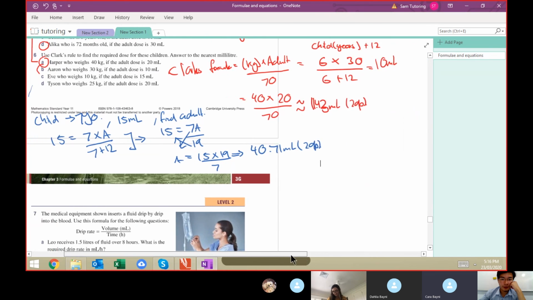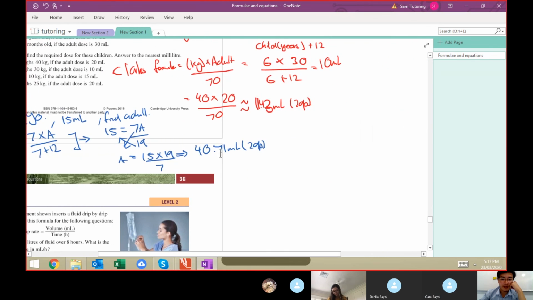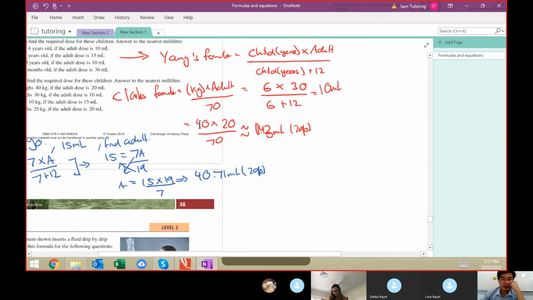Let's do one more on Clark's formula, but except this time, instead of finding mils, let's find the weight of the child. I think that's a little bit more interesting. Okay, let's just say the child's dosage is 20 mils, and the adult dosage is 135 mils. How would you do that?